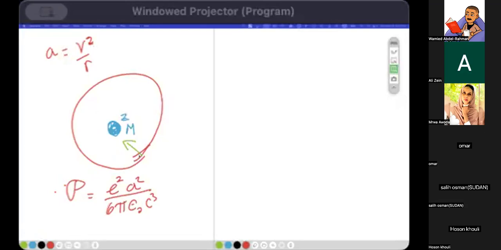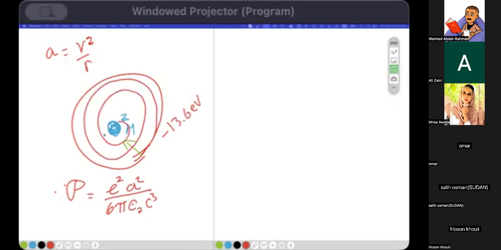The question is, suppose we're in this Bohr orbit, we're talking about hydrogen. So the energy of this electron is minus 13.6 electron volts. Suppose that this electron is going to spiral, right? It's going to do this until it collides, as it's spiraling because it's losing energy.